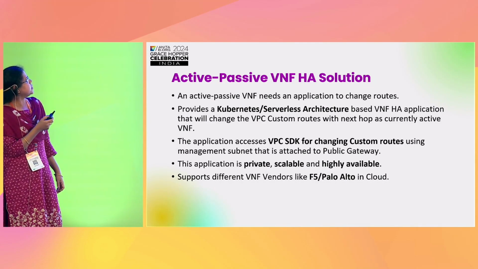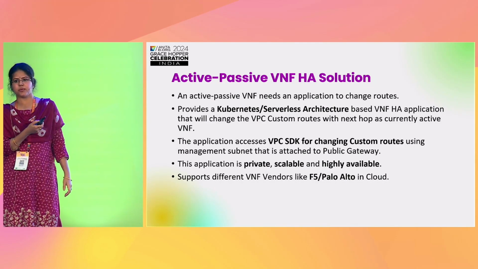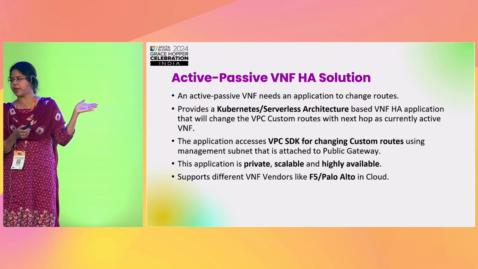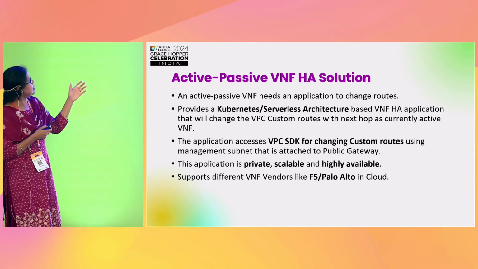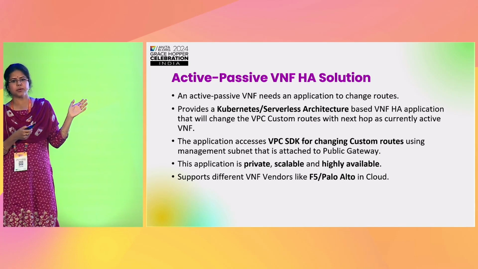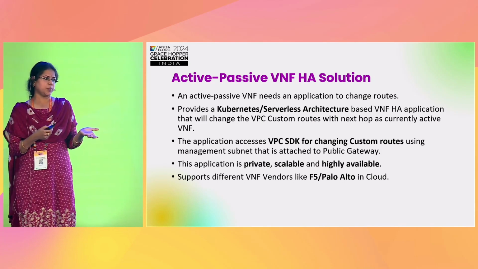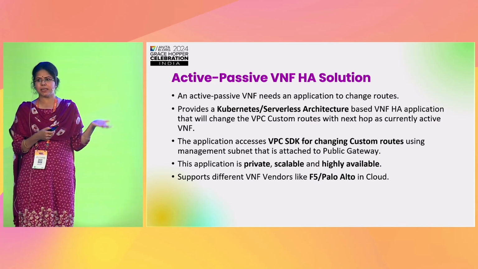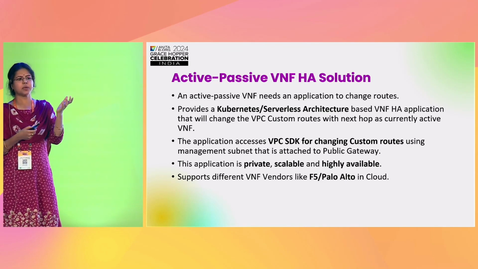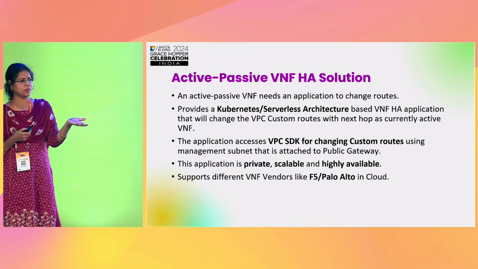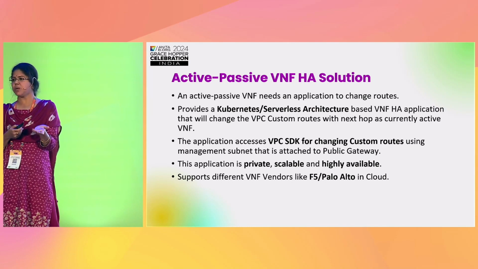So next we will see the active passive VNF. So far we have seen the active VNF. As I said earlier, active passive VNF needs a custom application because it doesn't have the intelligence to automatically change the routes. Here one of the VNFs is active and the other VNF is in a passive state.